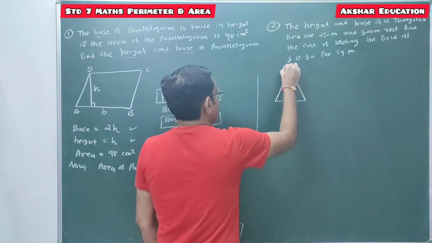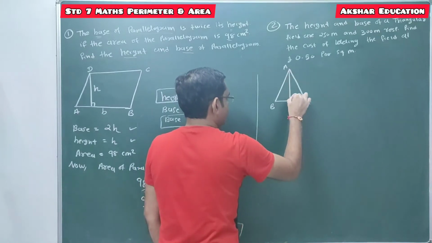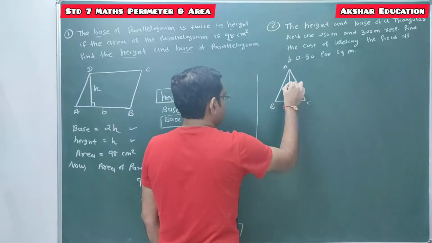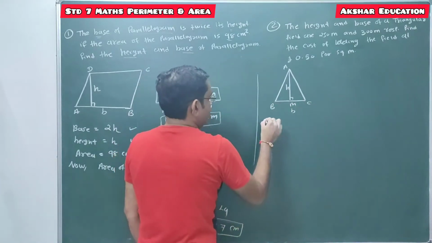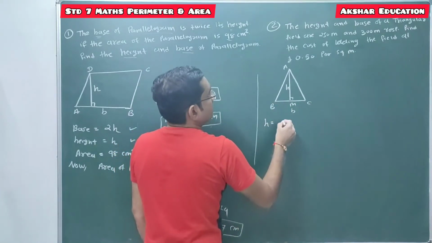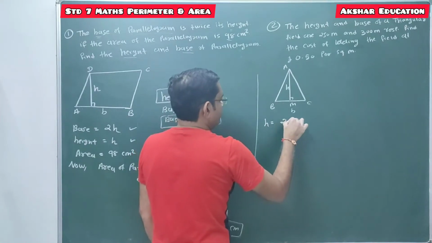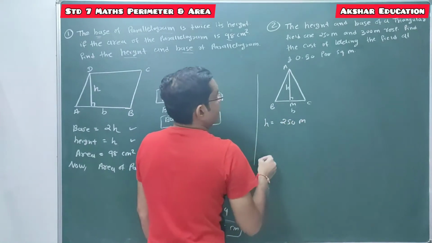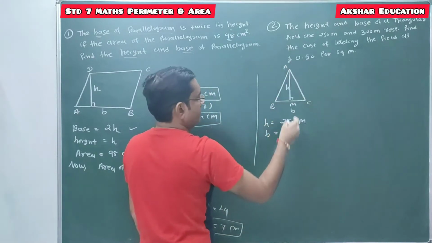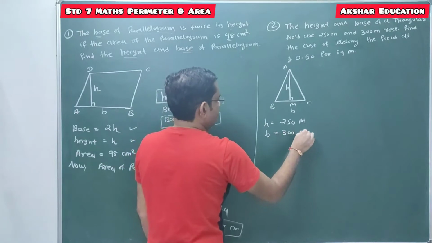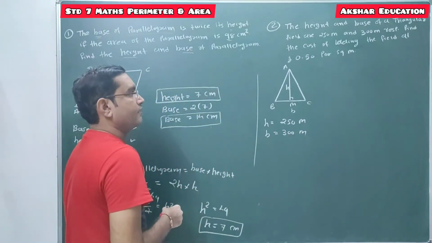This is our triangular field ABC, in which height is AM and that is H, and suppose base is B. So height H is 250 meter. So first height and second one is base respectively are given. Base is 300 meter. So base and height of the triangular field are given.